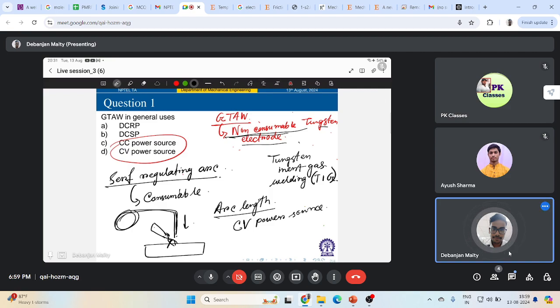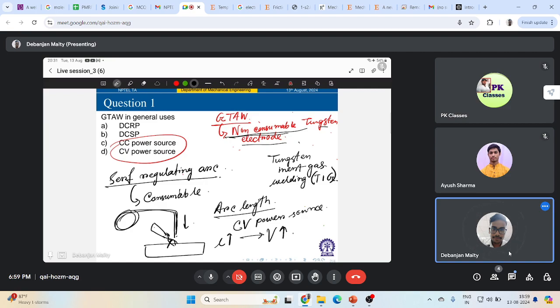Because if there is an increase in your arc length, what will happen to the voltage? It will increase the voltage, right? And as a result, the current will fall down. Now, the melting rate being dependent on the current, an increase in the arc length causes a decrease in melting rate.